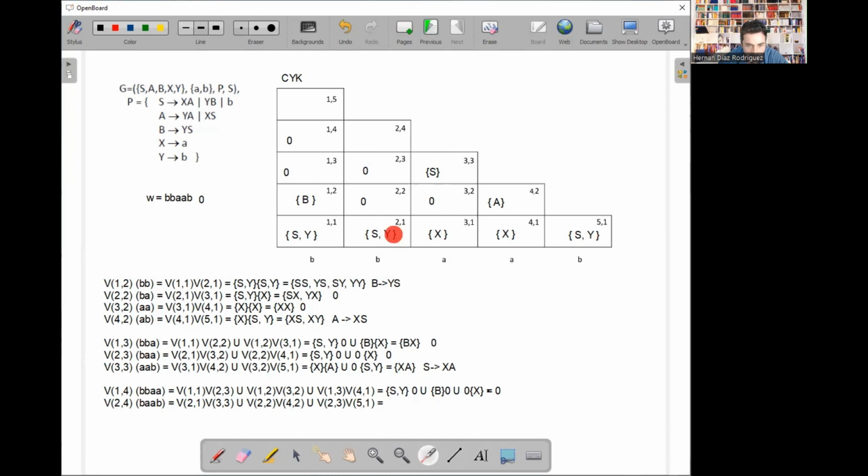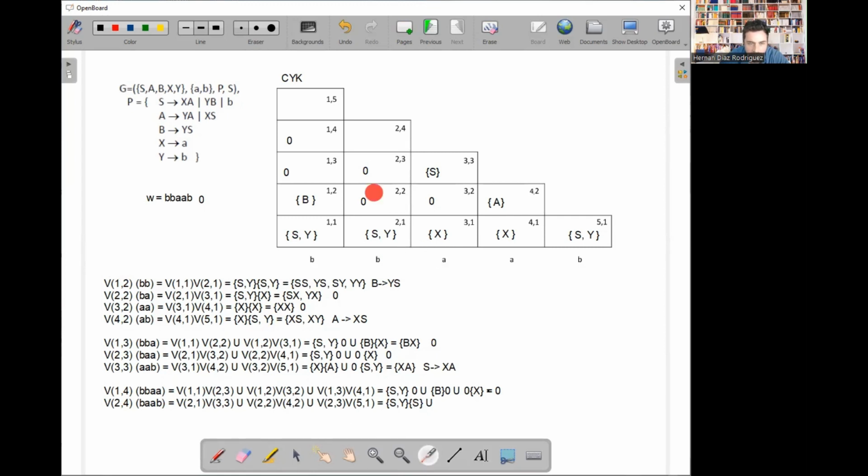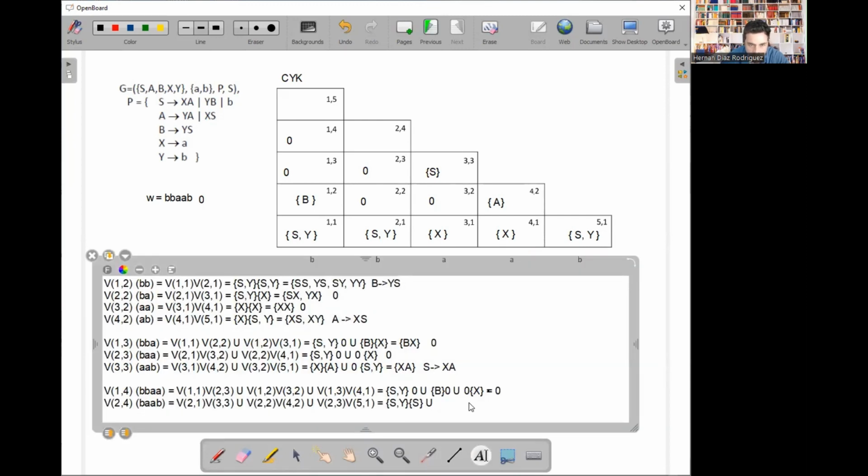So we take, as I said, the first one and then the other 3, which is in the position 3, 3, and this is SY chained with S, or we take the first 2 characters and then generate the second 2 characters, which in this case is 2, 2, concatenated with 4, 2.